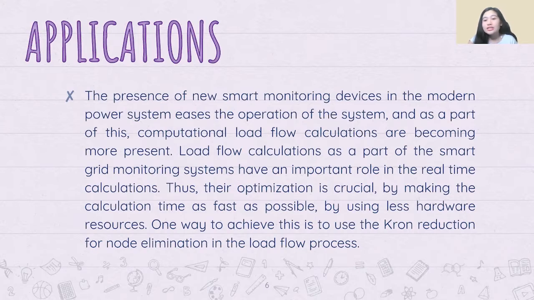Load flow calculations, as part of smart grid monitoring systems, have an important role in real-time calculations. Thus, their optimization is crucial by making the calculation time as fast as possible. By using fewer hardware resources, one way to achieve this is the use of Kron reduction for node elimination in the load flow process.